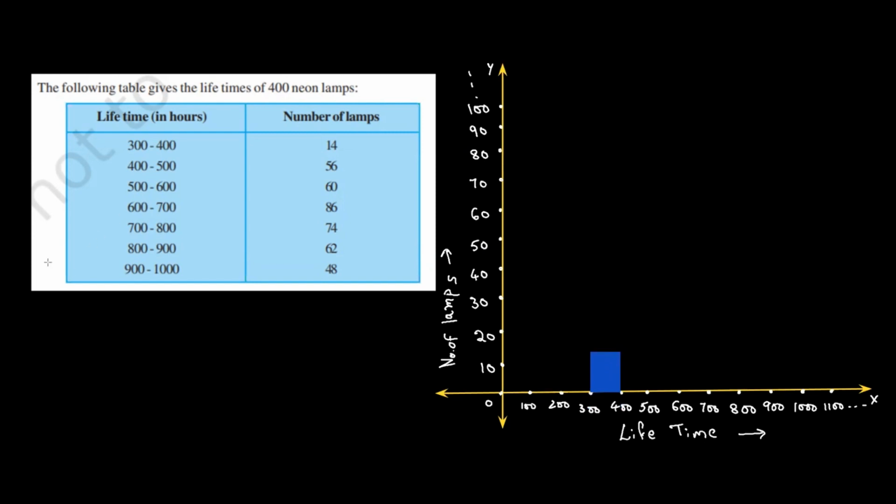Now 400 to 500 is 56, so 50 after the sixth line, 56. Now 500 to 600, if you see, that is 60.